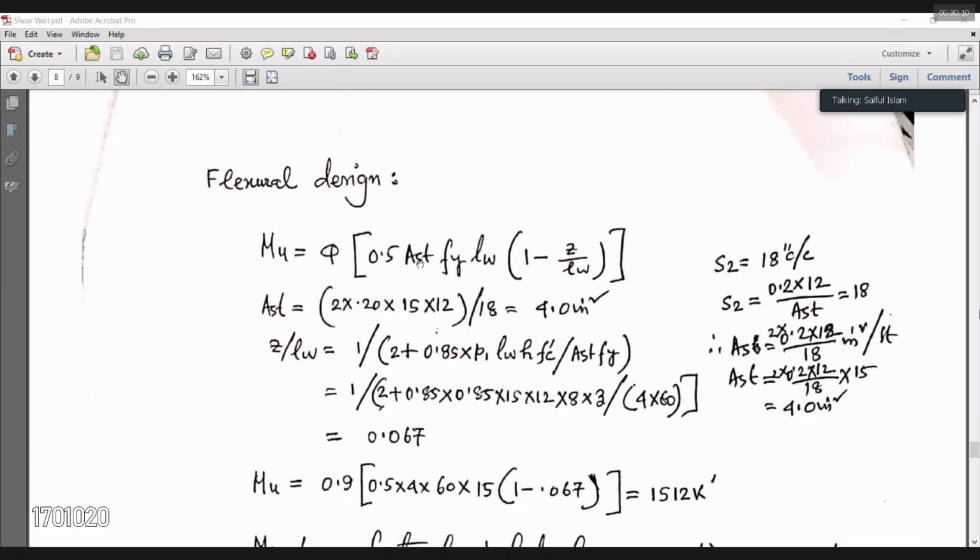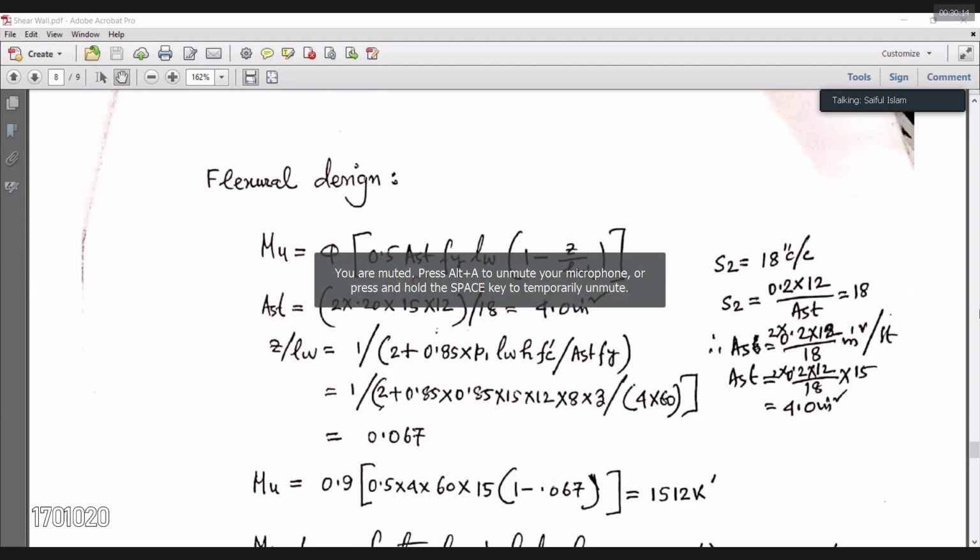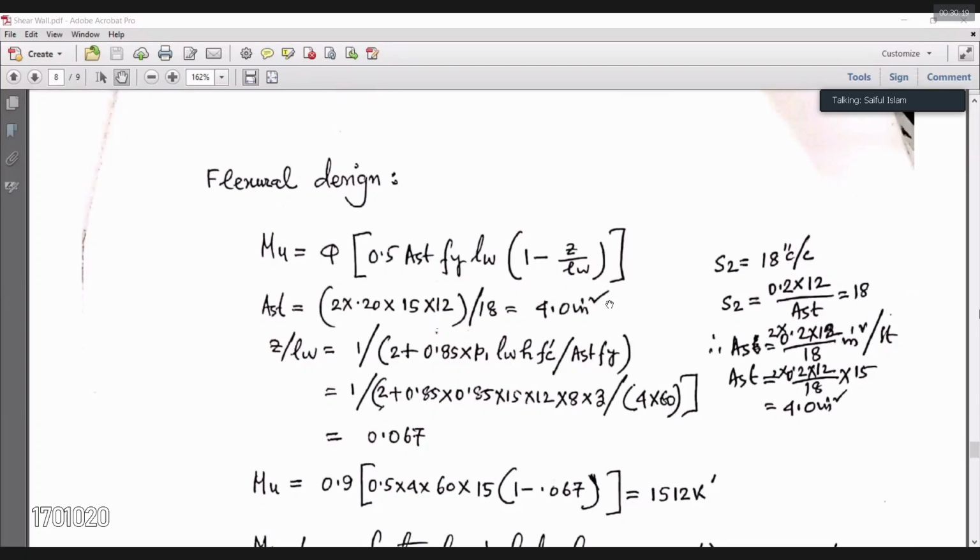You have placed number 4 bar at the rate of 18 inches center to center, and if you calculate, it will come as 4.0 inches square because of its spacing. Or you can physically calculate, because number 4 bar is given 18 inches center to center in both faces. Then what is the total steel area? Or you can calculate it with the spacing formula also. It is a very simple thing.